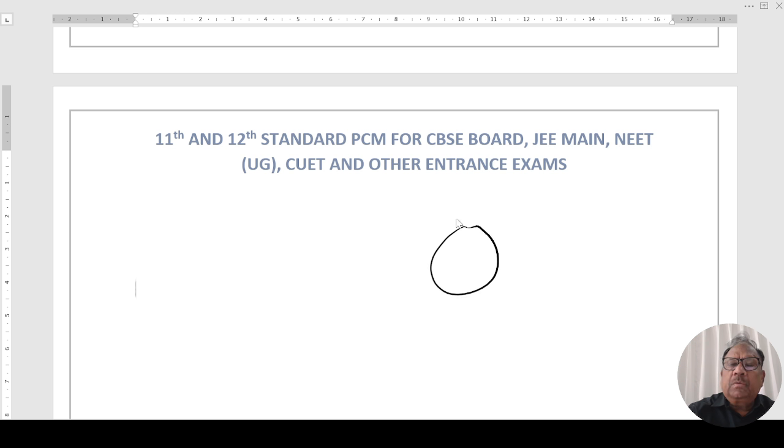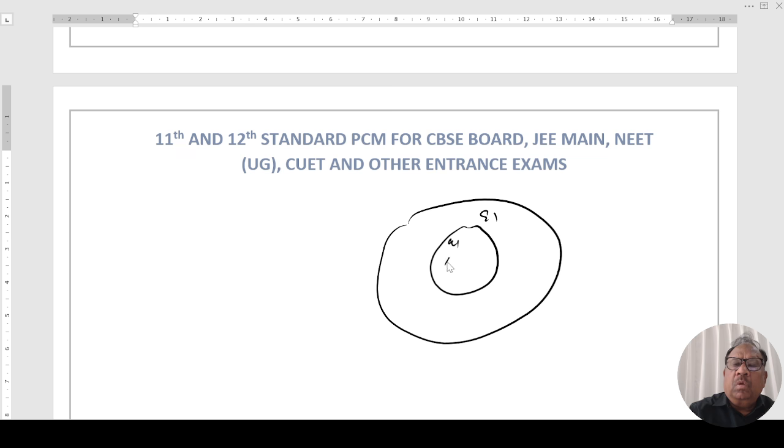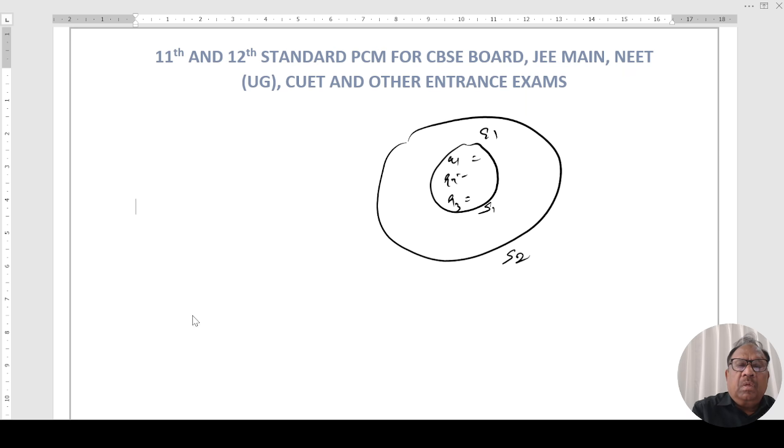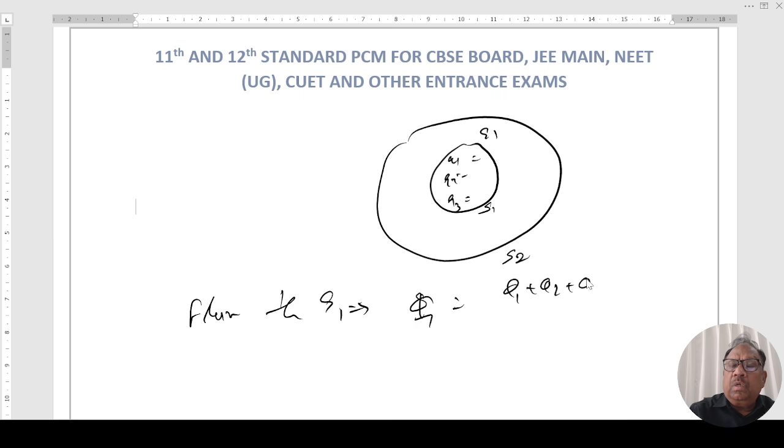One is this, one is this. This is S1 with Q1, Q2, Q3, right? And this is the big one, S2. So the flux through S1, that is phi 1, will be equal to Q1 plus Q2 plus Q3 divided by epsilon naught.